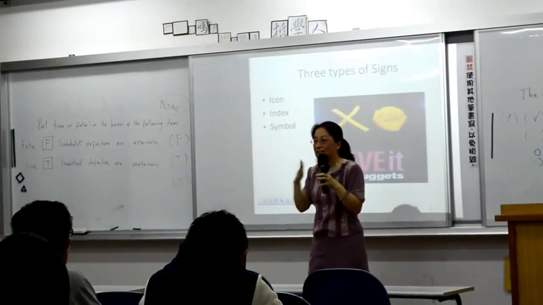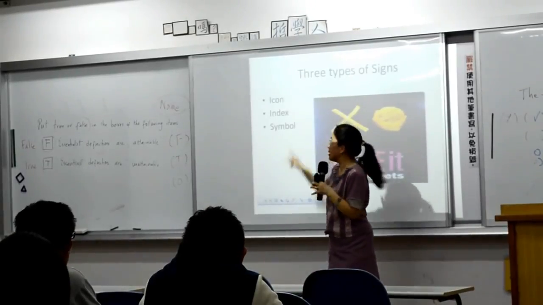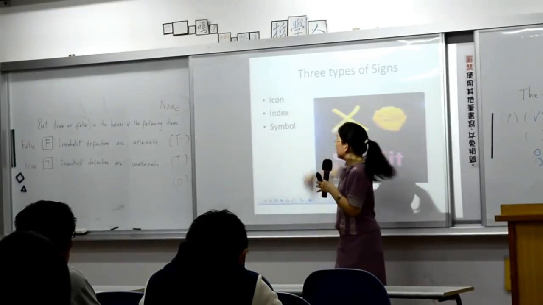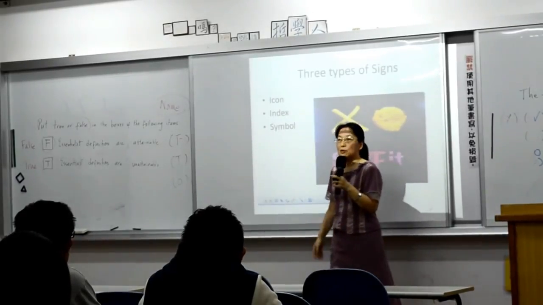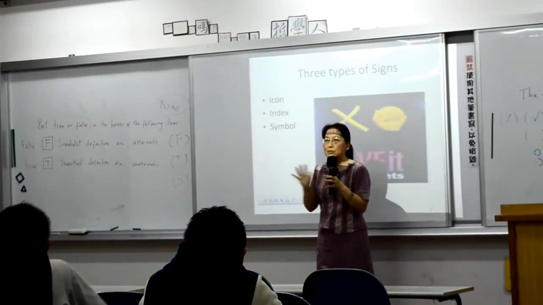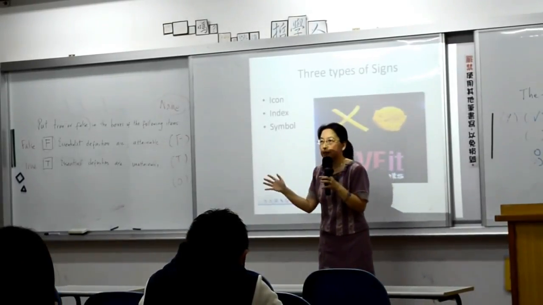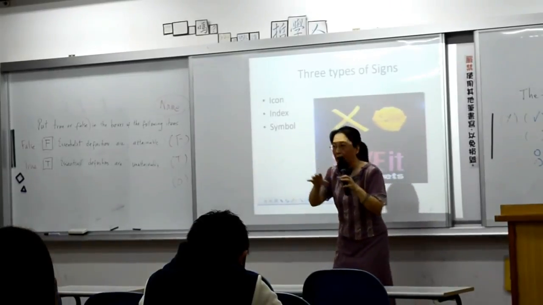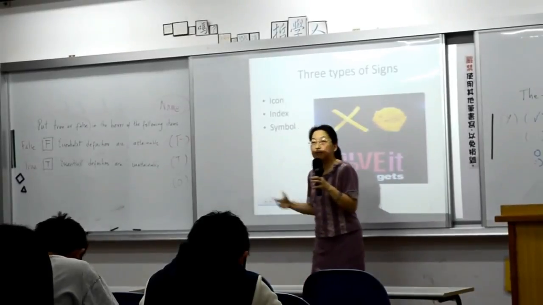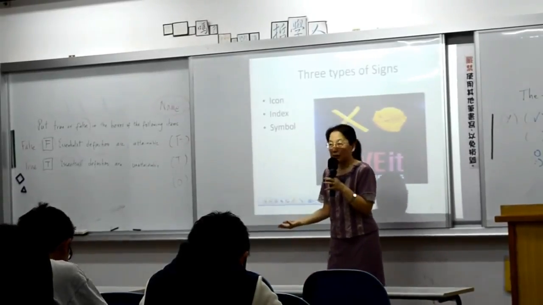So shaking is an indexical sign of earthquake. When we move to symbol, that's very arbitrary. Sometimes you don't see any relationship between the sign and the meaning it signifies. It can be very arbitrary.